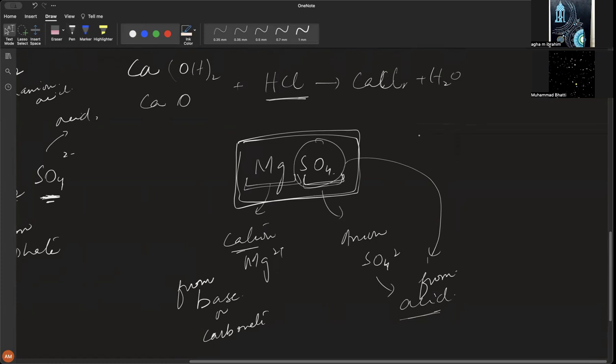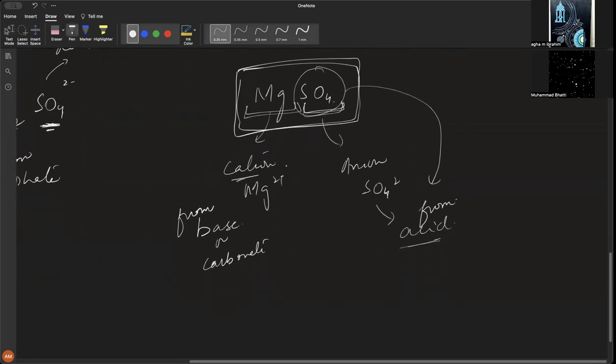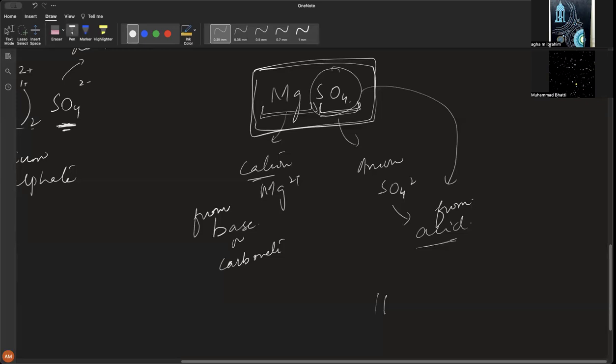Can you name any acids that have sulfate in them? Sulfuric acid. What else have you studied that has sulfate ions in it? There's only sulfuric acid. So you know one of the reactants to make magnesium sulfate is going to be sulfuric acid.